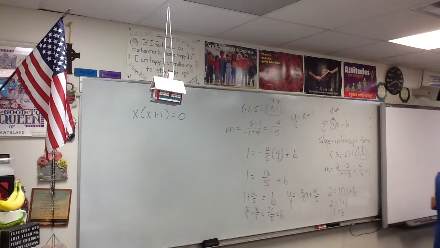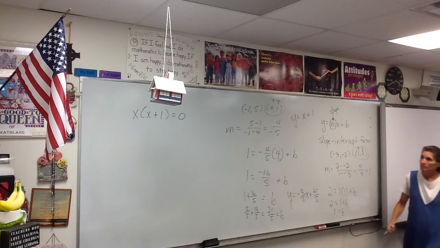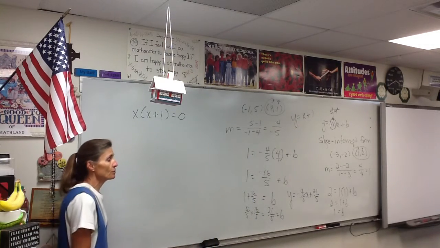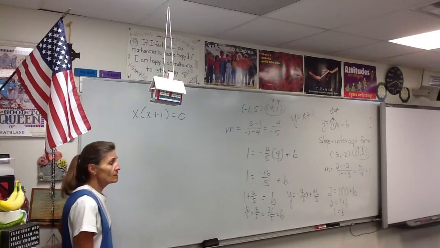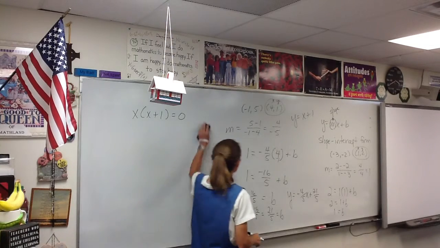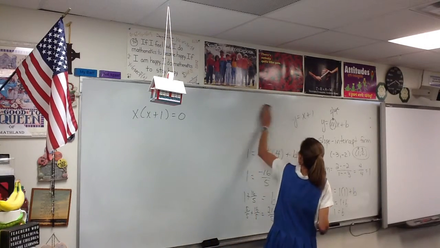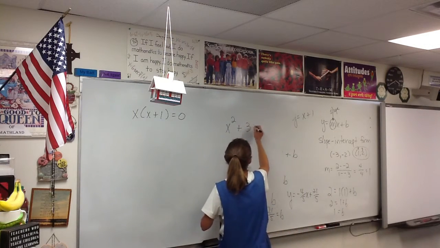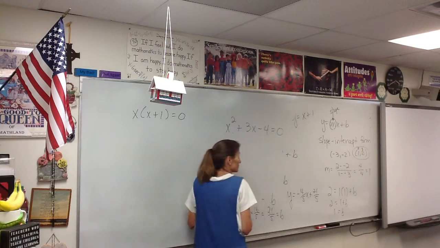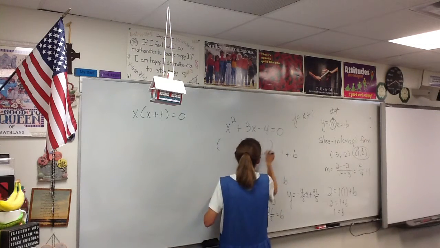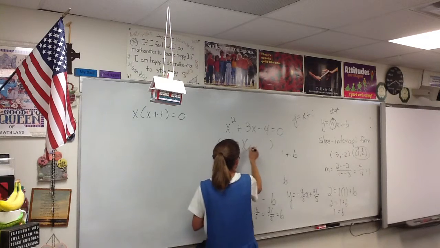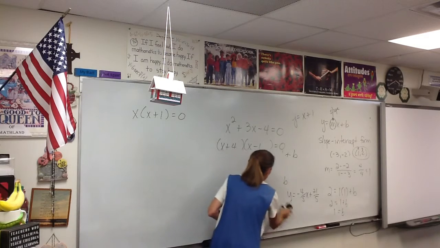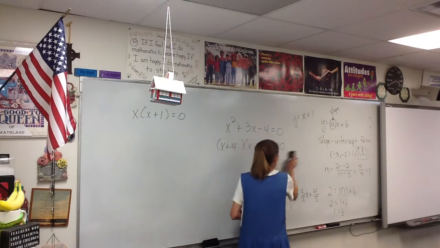All right, here we go. I want you to think about the zillions of times in your life that you have had an equation, let's say, that looked like this, and you factor it, and then you did what?